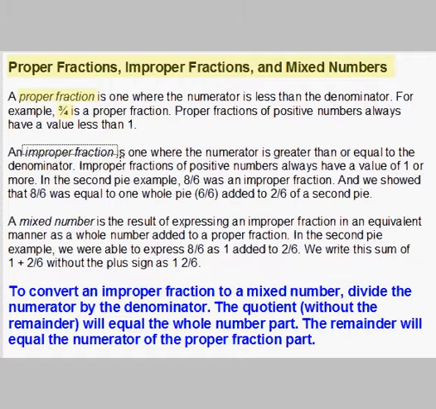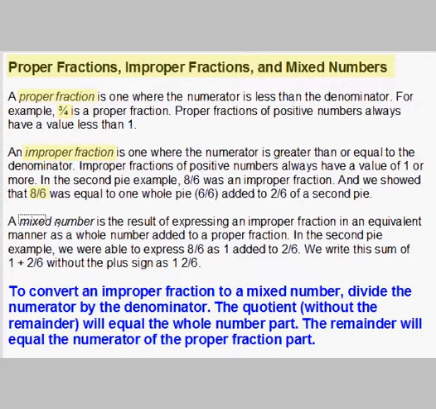An example we had was the pie example with 8 pieces of pie where each pie was cut up into 6 equal pieces. We had 8/6 of a pie, which amounted to 1 whole pie plus 2/6 of a second pie. As you could see with this example and all examples of improper fractions, you always get a value of 1 or more.